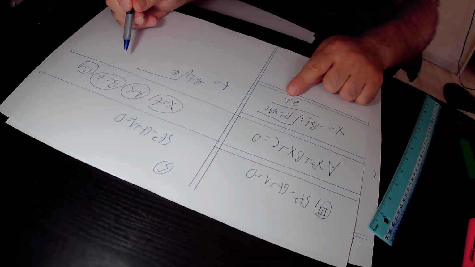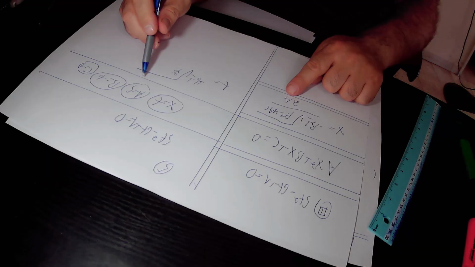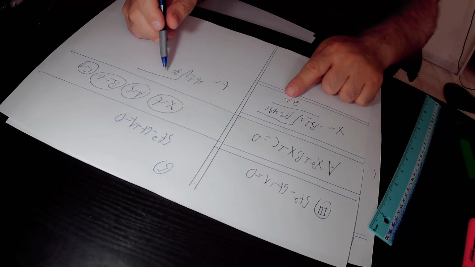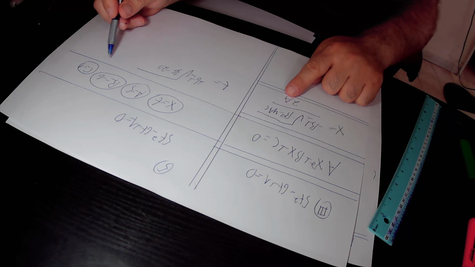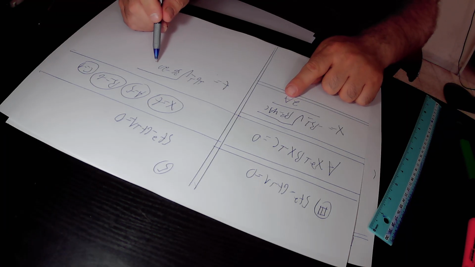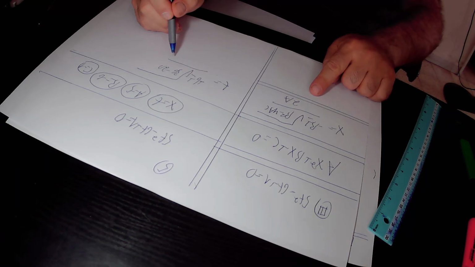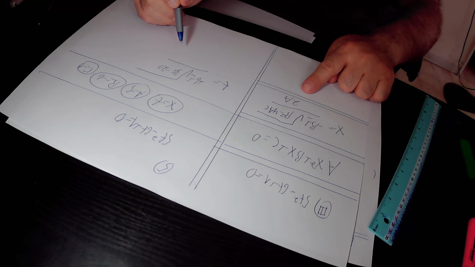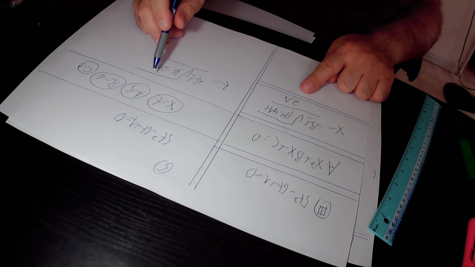Minus 4 times a. a is 5, so minus 4 times 5 is minus 20. Times c. c is 1, so minus 20 times 1 is minus 20. So inside the root we have 36 minus 20, divided by 2a. a is 5, so 2 times a is 2 times 5, that is 10.